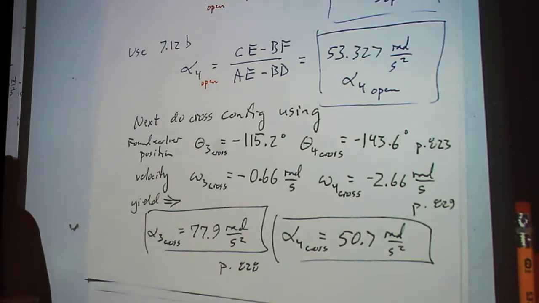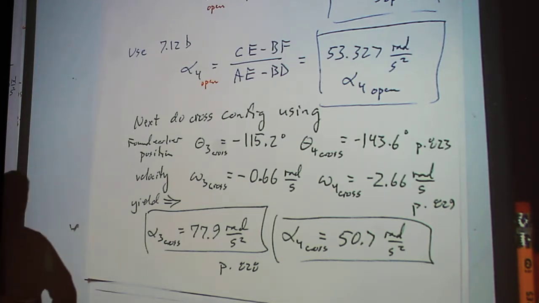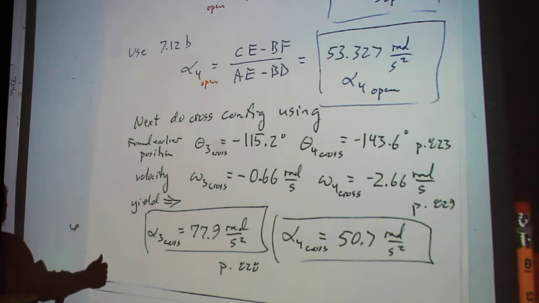I said earlier that in this problem, unfortunately, but actually it may be fortunate because now I'm able to illustrate a point. Remember that alpha 2 in the problem statement was 0. But yet, we're getting angular acceleration components for alpha 3 and alpha 4.